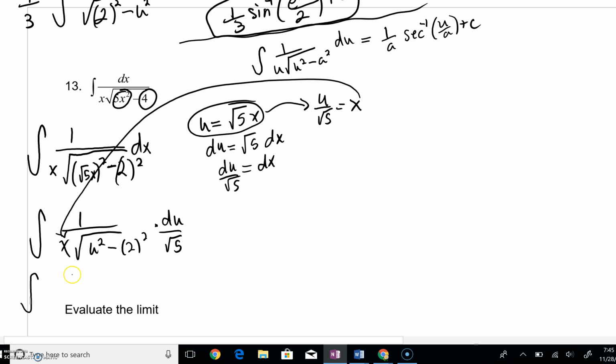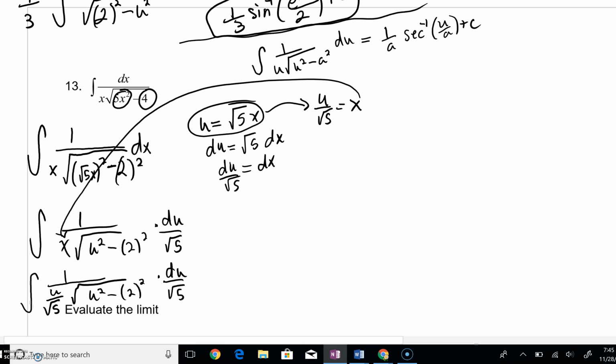So I'm going to do that real quickly, rewriting this. This would be u over radical 5. And then, of course, we've got this radical u squared minus 2 squared, and then we've got our du all over radical 5.